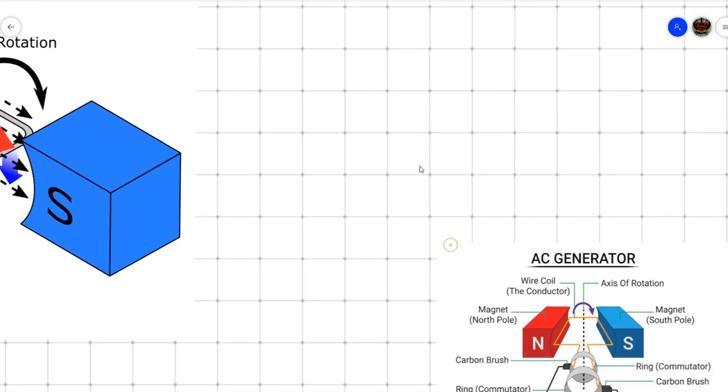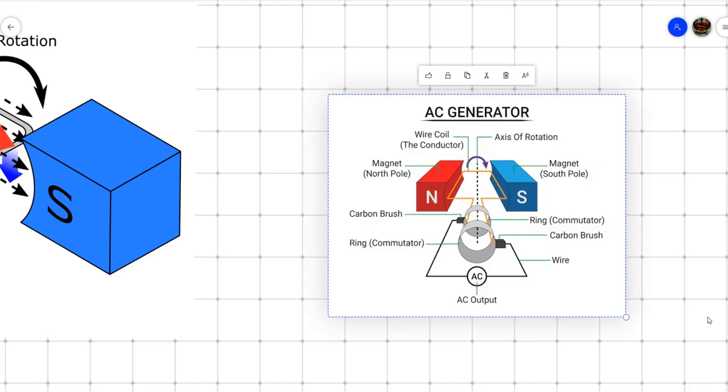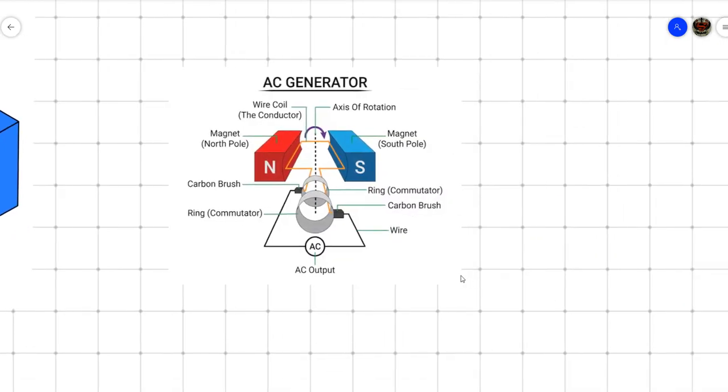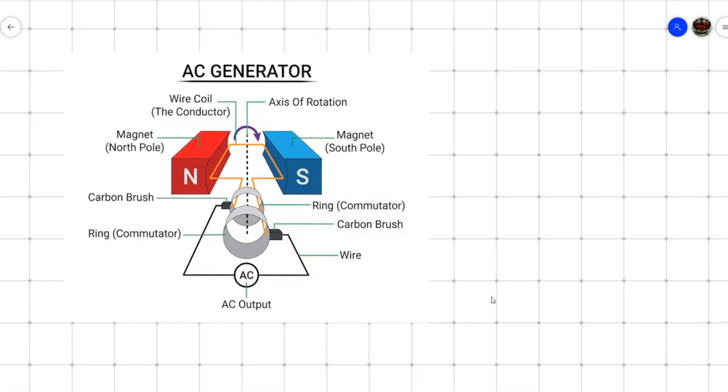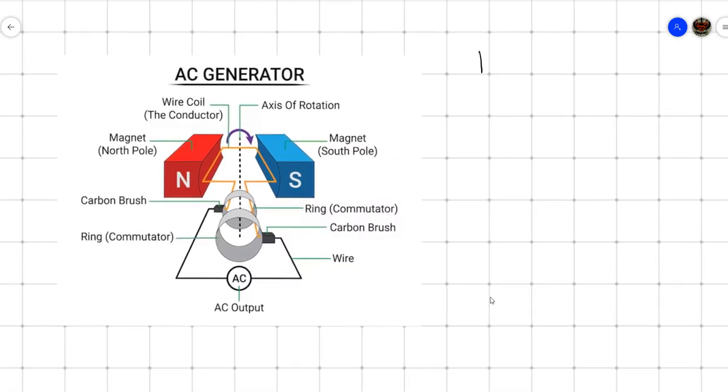Now, for that, I'm going to show you a different diagram, which is this one here. Now, we're going to break this down into some bullet points. Just a quick recap. First of all, we have the conductor, which is the coil of wire, the loop of wire here.